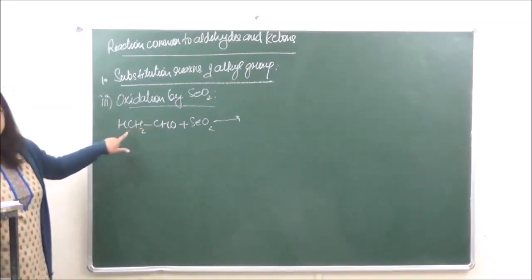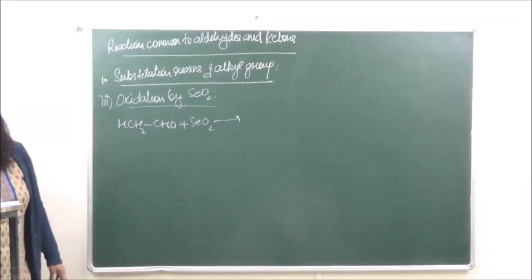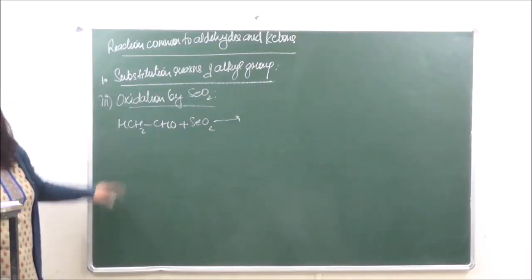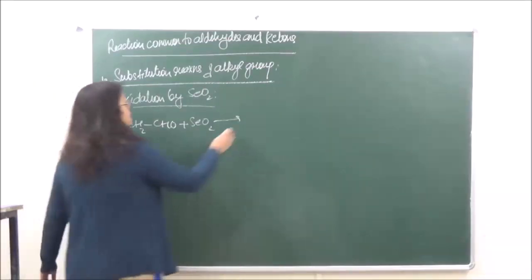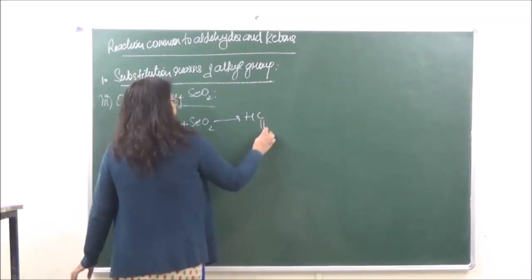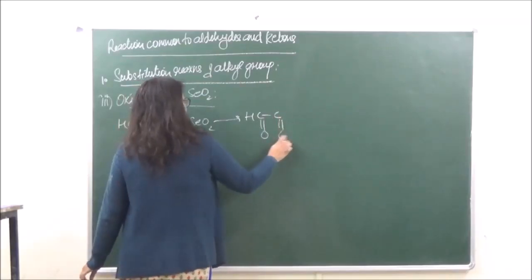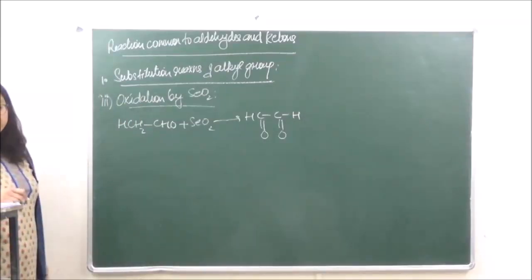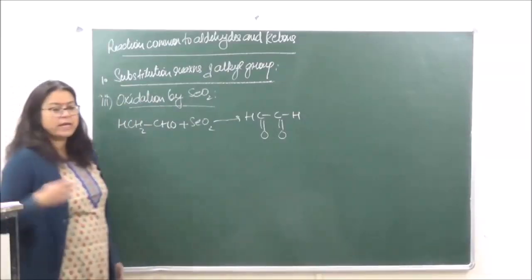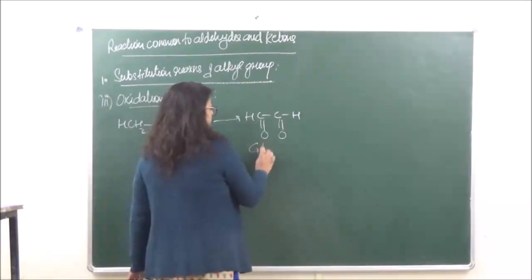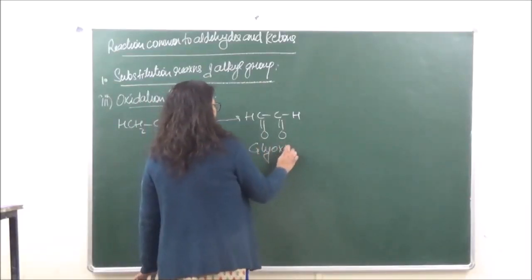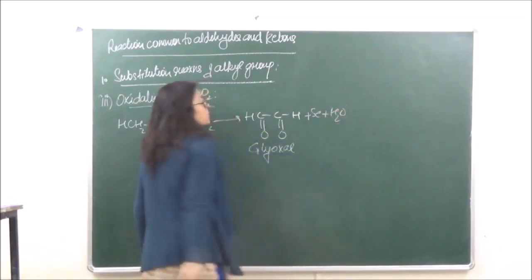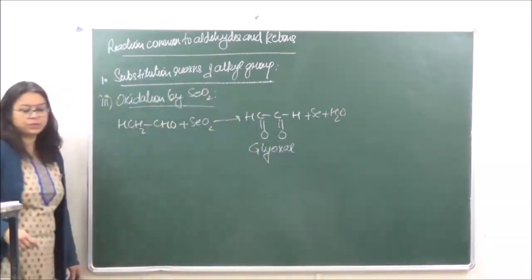Both these carbons are going to get oxidized, and more specifically the alpha carbon which is going to get oxidized. So this is the kind of product which we will get. This is known as glyoxal. This is going to be the complete reaction, okay?